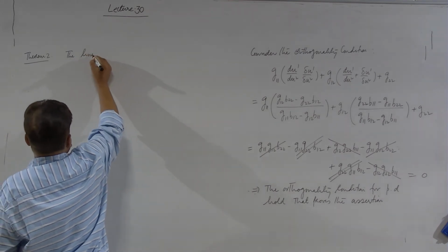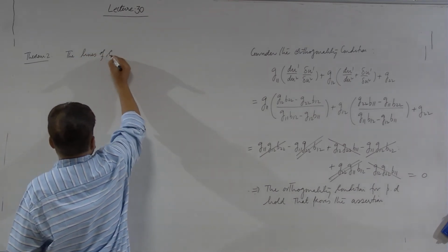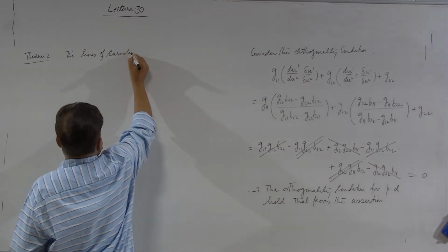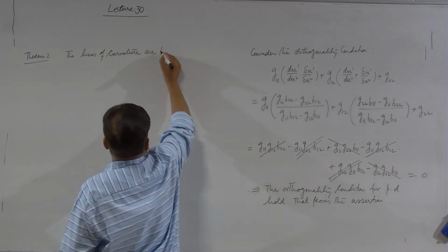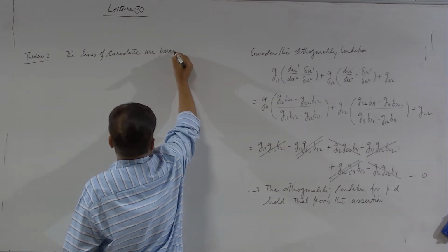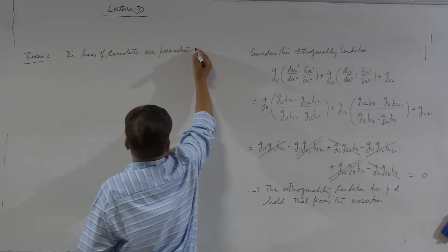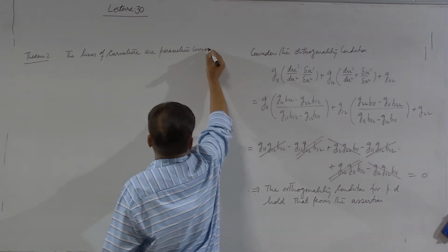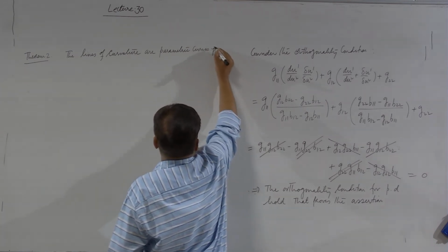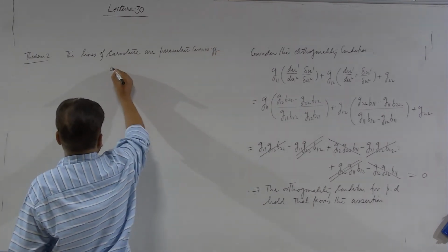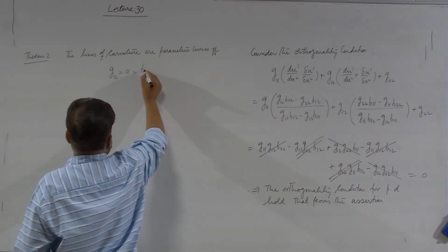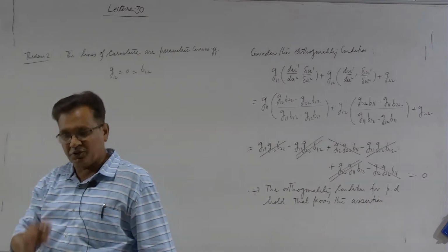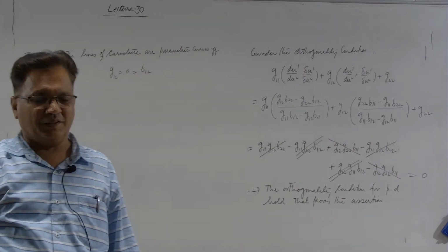The lines of curvature are parametric curves if and only if G12 as well as B12 both are 0. B12 should also be 0.